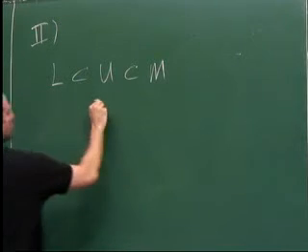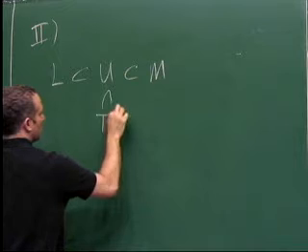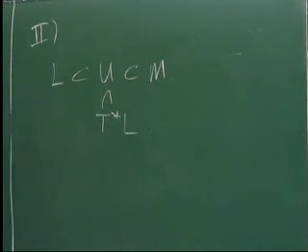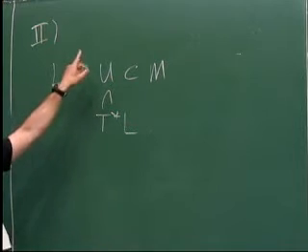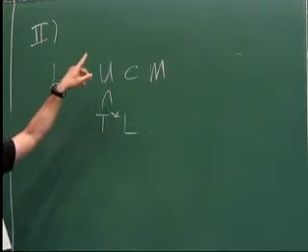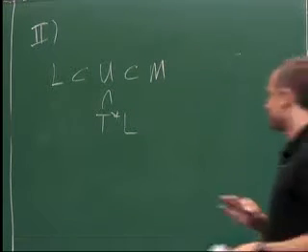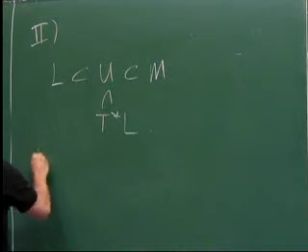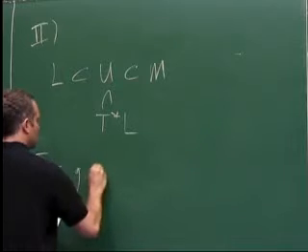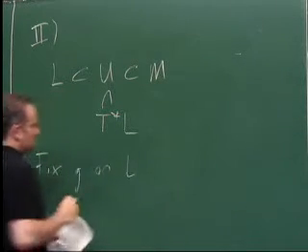So we can consider U as a neighborhood in the cotangent bundle of L. And within this neighborhood, we have a natural class of dynamical systems with which to work. We can fix a metric G on L.